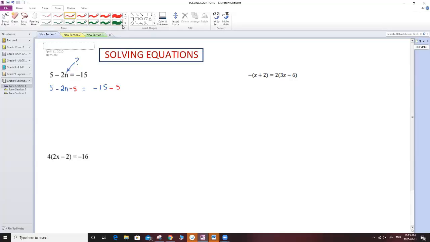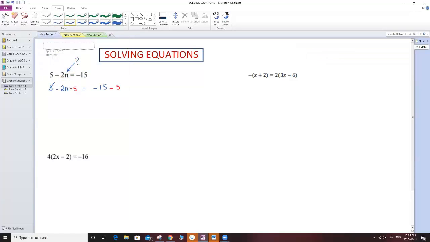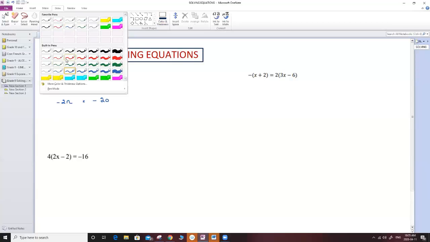Now, if I want to continue, the positive 5 cancels the negative 5. So I will stay only with negative 2n equal negative 15 and negative 5, that means negative 20. Now, again, I need to isolate n. That means I need to do a small change here.